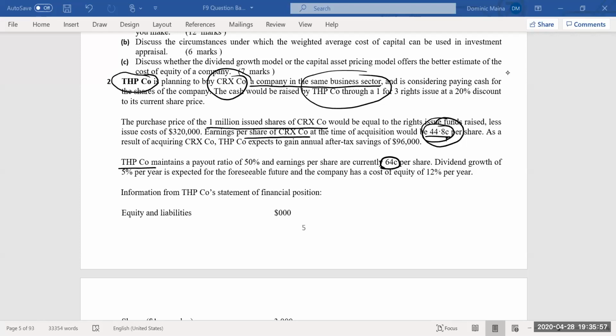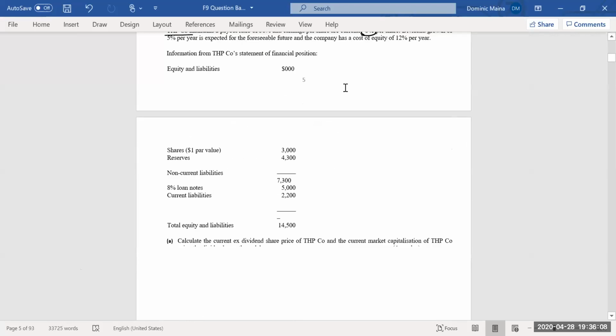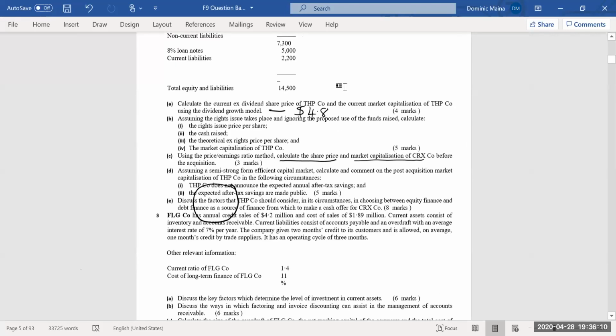Okay, welcome back for our last session. I want us to do another question, more or less similar to what we have discussed.